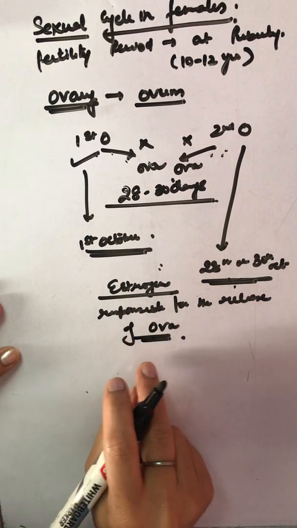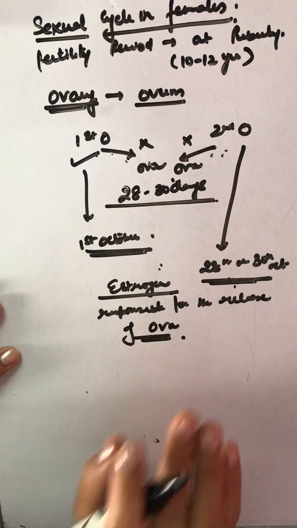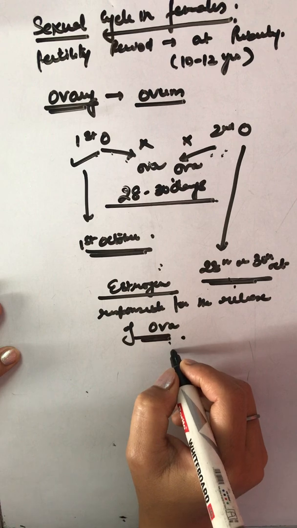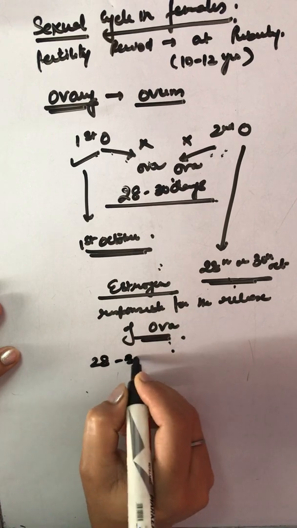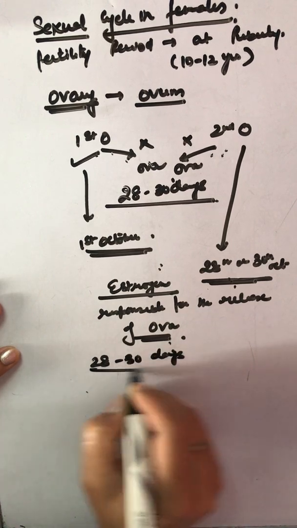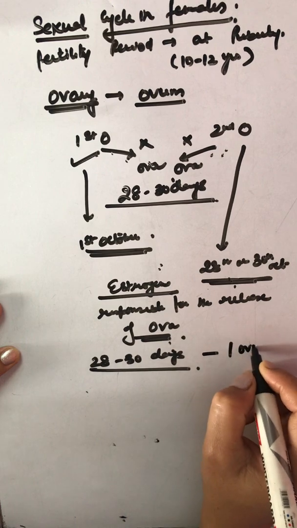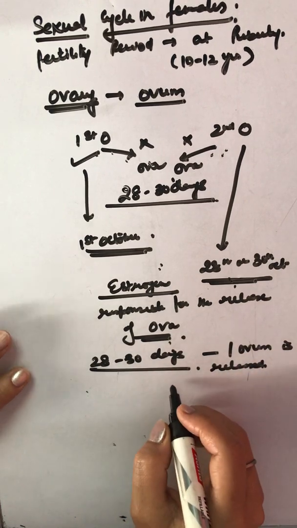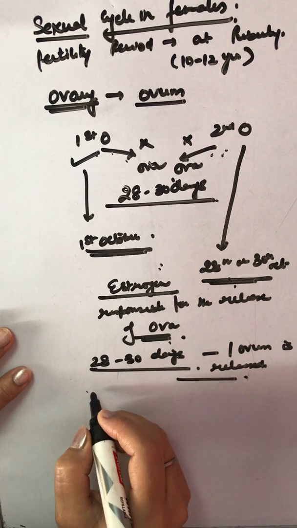Clear? It is not secreted constantly but in cycle. This cycle lasts about 28 to 30 days where one ovum is released. And what do we call this cycle? We call it menstrual cycle.